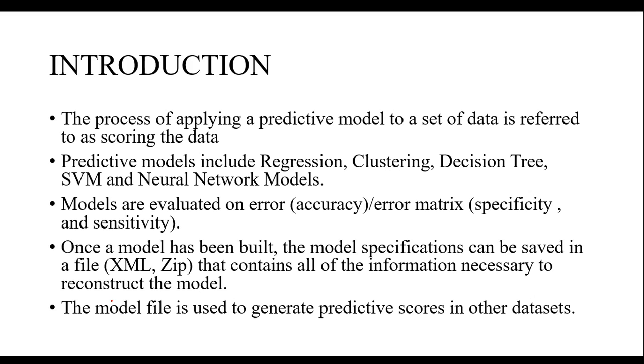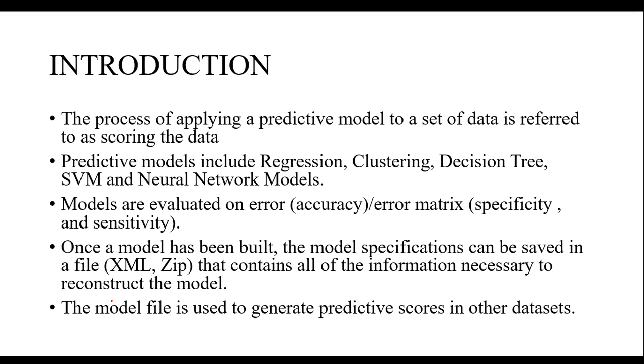And when your models are ready, of course you have to evaluate the model, and you evaluate them on error metrics that consist of specificity and sensitivity. And once your model is built, you save the model specification in a file, which could be a CSV file, XML file, or zip file, and it contains all the model specification and all the information that is necessary to reconstruct the model.